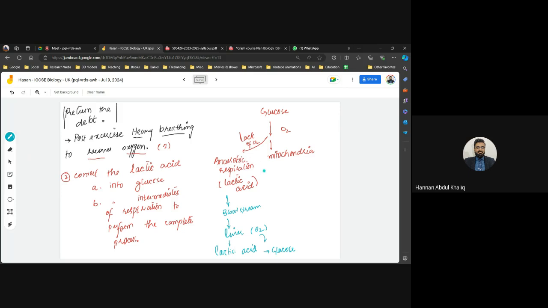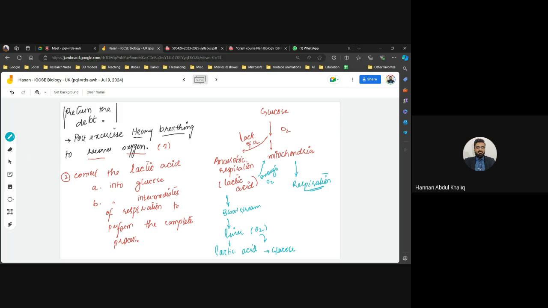Second is, when you have enough oxygen, you return the lactic acid back to the mitochondria and the process of respiration continues. This is another way of doing it.